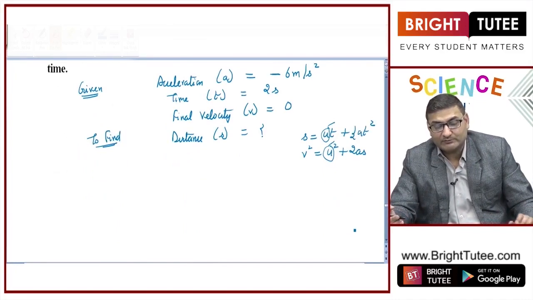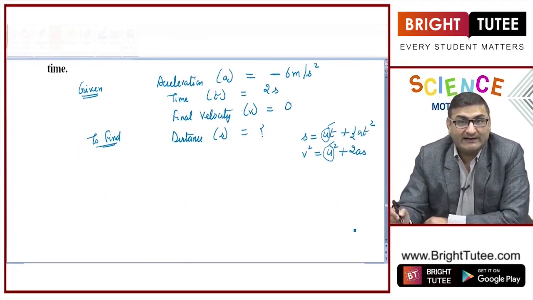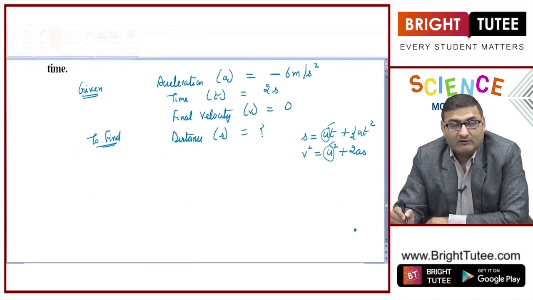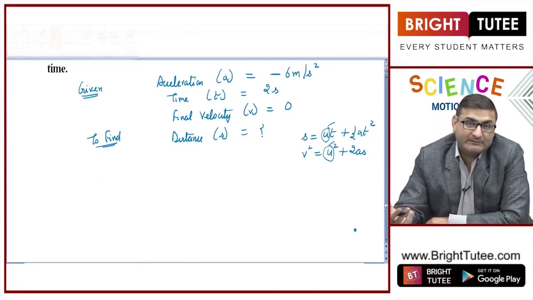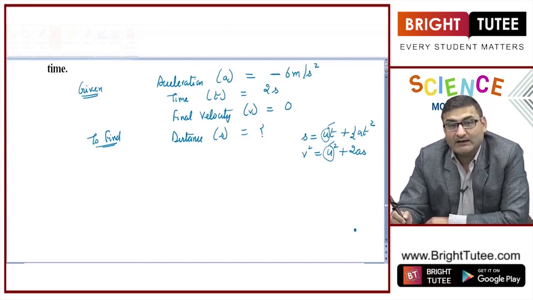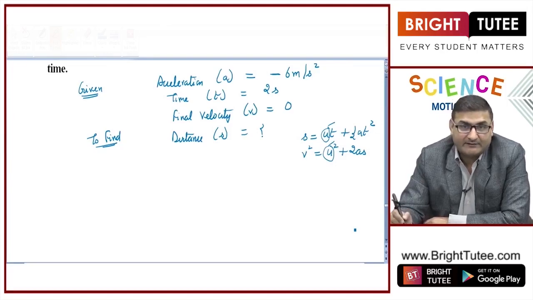After doing so many questions, students normally tend to get bored. They feel that all these questions use the same equations of motion, but in every question we find some new concept, some new thing that requires our full attention and effort.